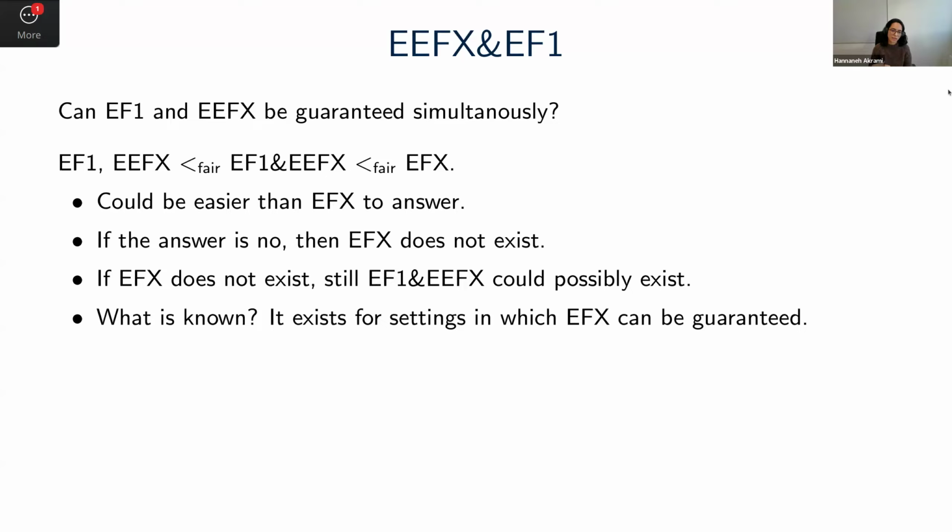And also, even if at some point someone answers the EFX question negatively, so we know that EFX cannot always be guaranteed, this is still a valid question to ask, whether we can guarantee EF1 and epistemic EFX, which is weaker than EFX. Maybe we could not satisfy EFX, but we can possibly satisfy this.